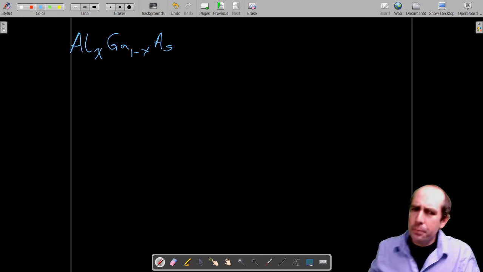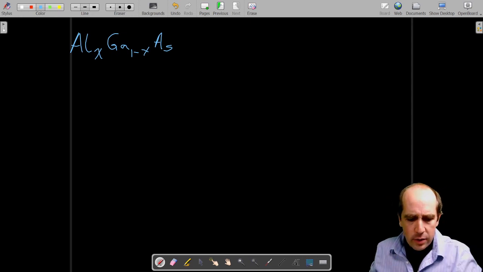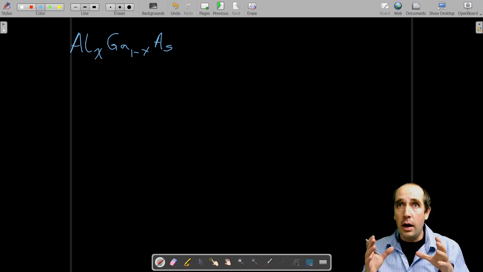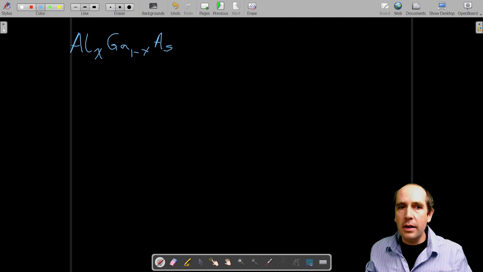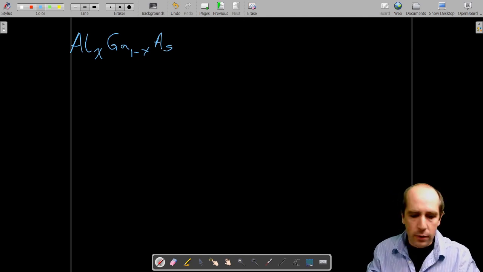What we observe here is that we are now creating a ternary lattice. It's a lattice that combines arsenic. Half of the atoms are arsenic. And then we can put a certain amount of aluminium and a certain amount of gallium. Depending on the combination, we obtain different semiconductors with different properties.